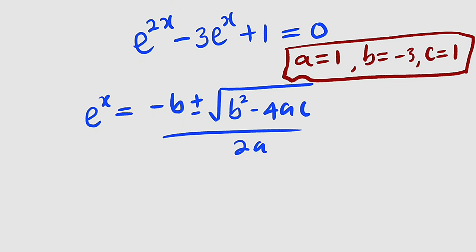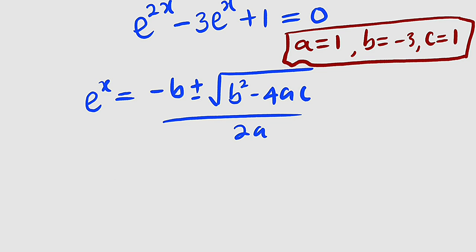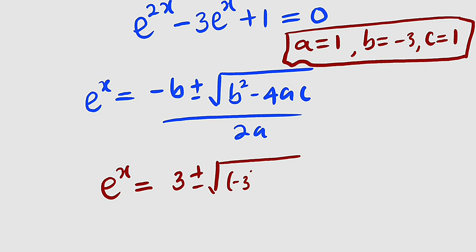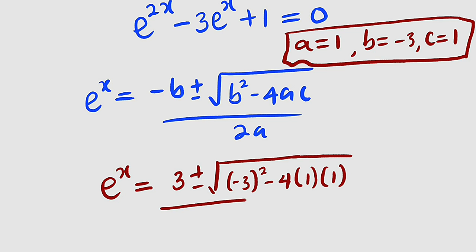So now let us substitute. We have e to the x equal to minus b. b is already negative here, so it becomes positive 3 plus or minus the square root of b squared, which is negative 3 all squared, minus 4. a is 1, c is also 1. Divide by what? 2a, a is 1.